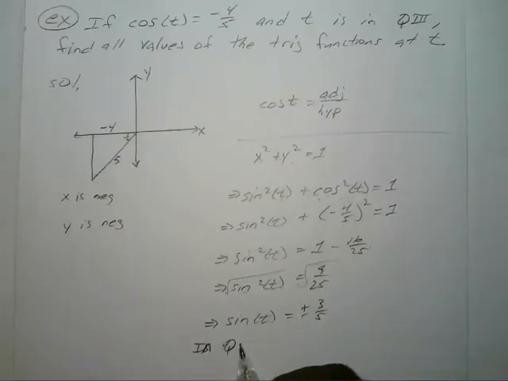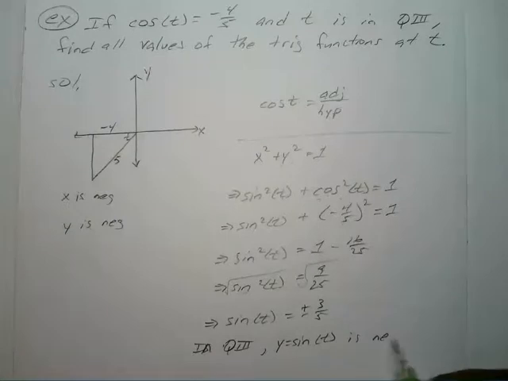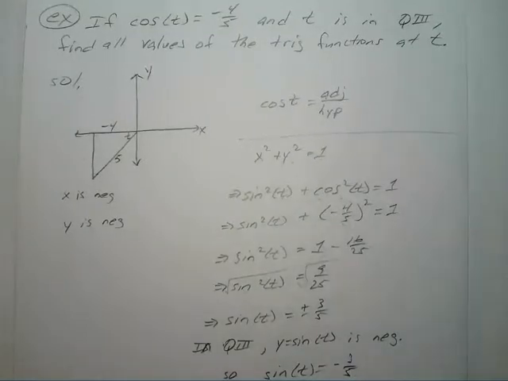In quadrant 3, y equals sine t is negative. So we know that sine of t is equal to negative 3/5.